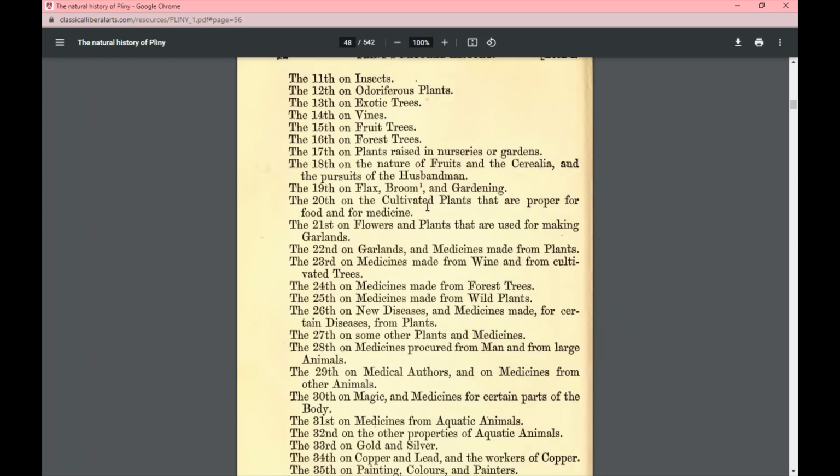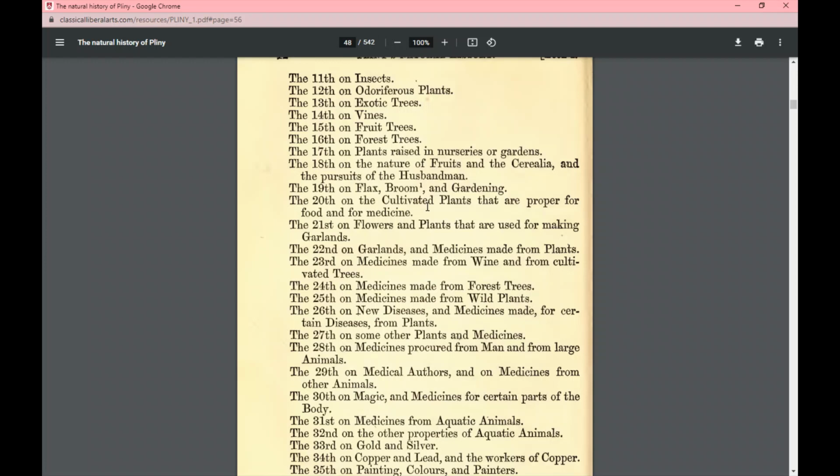The 13th book is on exotic trees. The 14th book on vines. The 15th book on fruit trees. The 16th book on forest trees. The 17th on plants that are raised in nurseries or gardens, that are cultivated plants. The 18th book is on the nature of fruits and cerealia, that means grains, and the pursuits of the husbandman, that means the work of gardening.